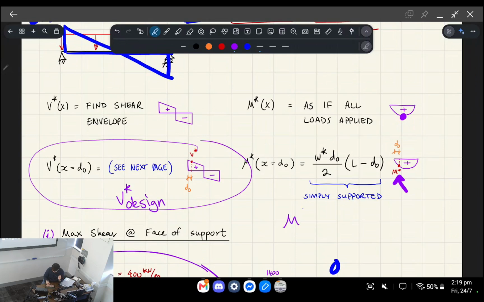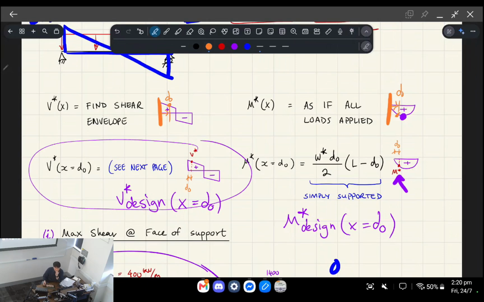Okay, so M star design, M star V. Both of these are when X is equal to DO, okay? X is equal to DO. So that means if X starts at the left-hand side, right, we're moving a distance DO horizontally to here, okay? And that's the location that we're going to take for peak bending and peak shear.